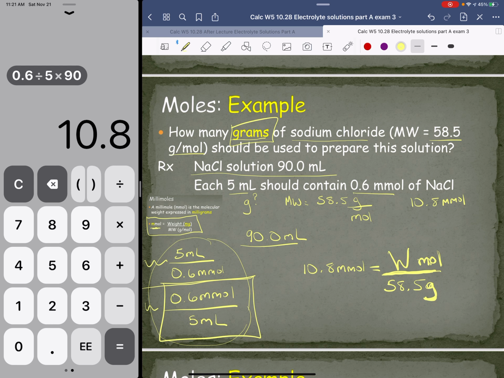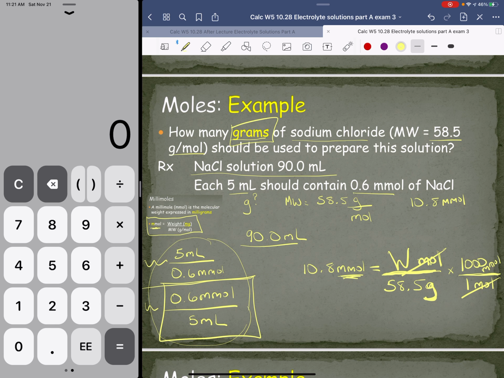And here's the thing: we have millimoles over here, but we have moles over here. So we need to get that to be millimoles. I'm going to let myself know that there are 1,000 millimoles over 1 mole, so 1 mole per 1,000 millimoles, or 1,000 millimoles per 1 mole. That crosses out, and putting that in my calculator, it's 1,000 divided by 58.5.